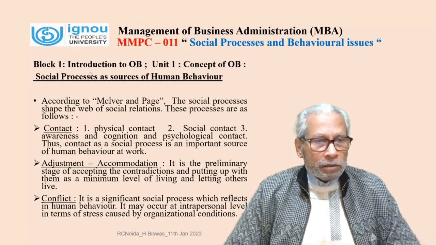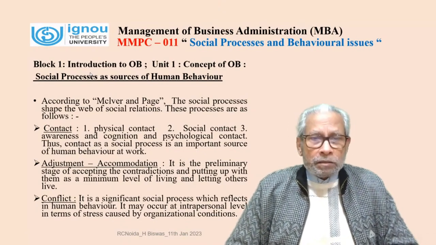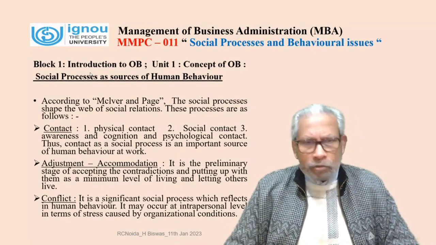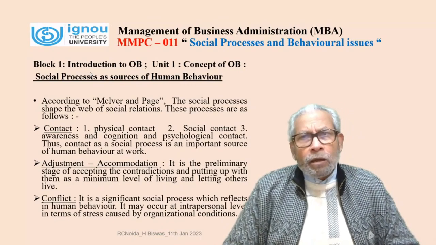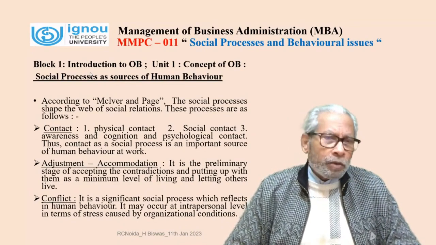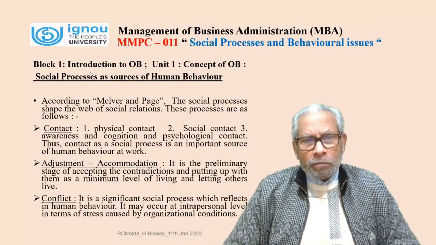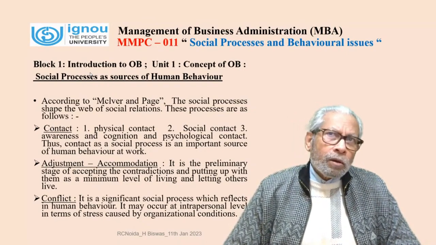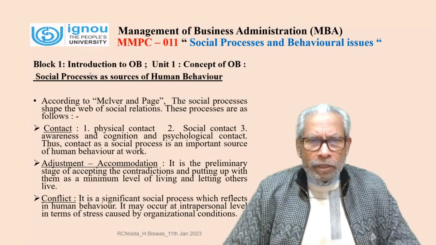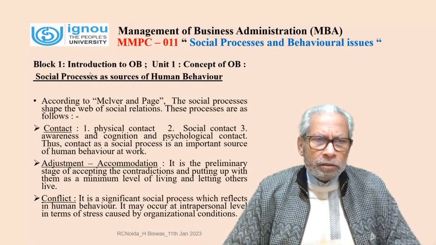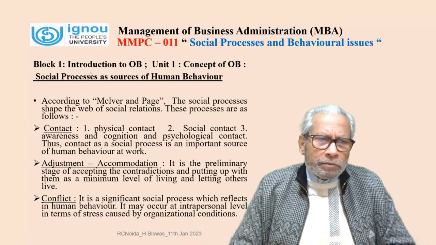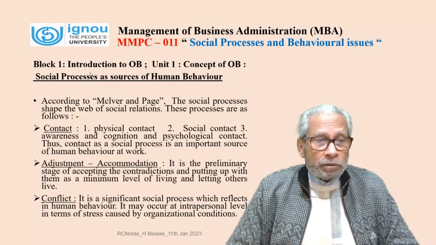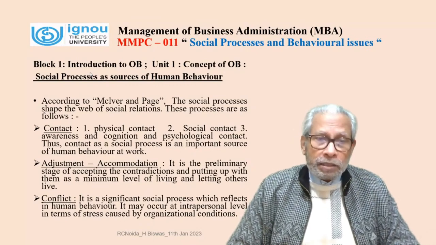Contact as a social process is an important source of human behavior at work, because humans always want some help. You have to help each other. By default it is required. People cannot do everything in their own way, with a lot of queries in their mind, so sometimes the presence of other persons will help and create some motivation. So that's why the different contact processes are there.